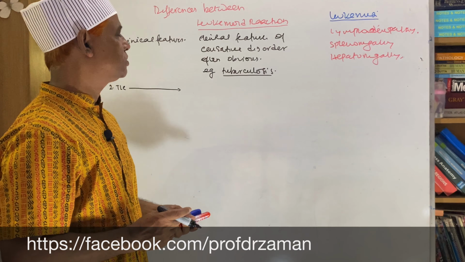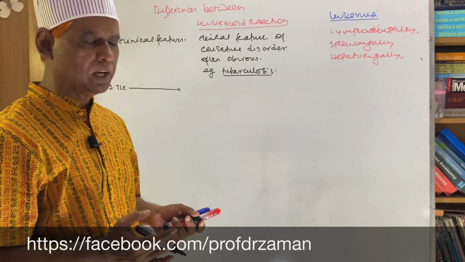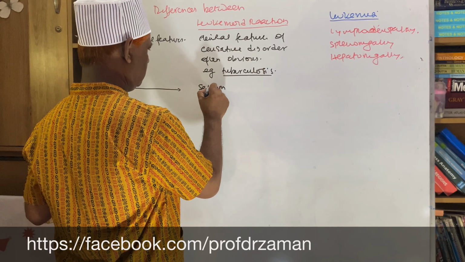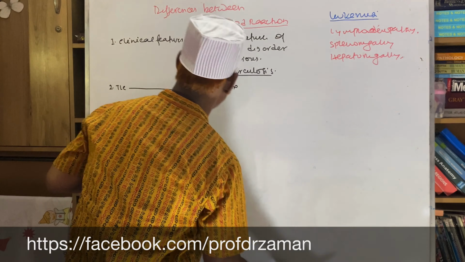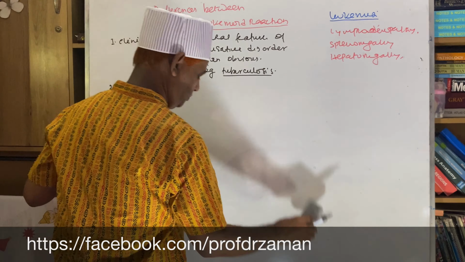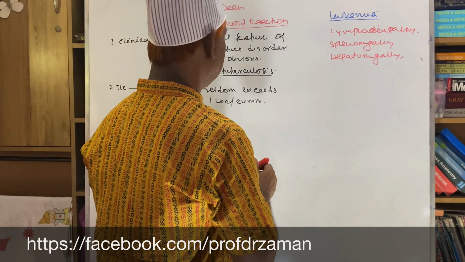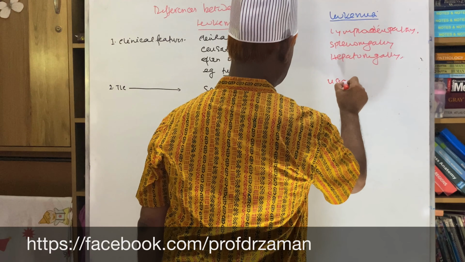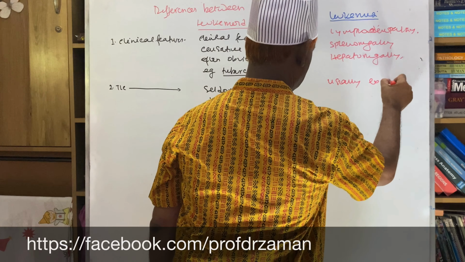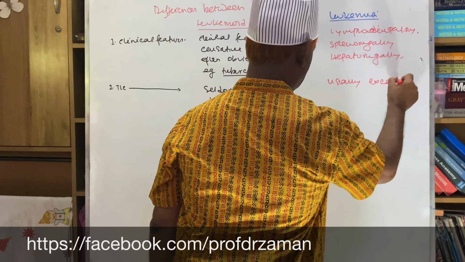In leukemoid reaction, TLC seldom exceeds 1 lakh per cubic millimeter of blood. But in leukemia, it usually exceeds 1 lakh per cubic millimeter of blood.